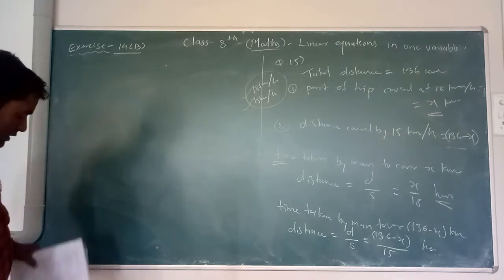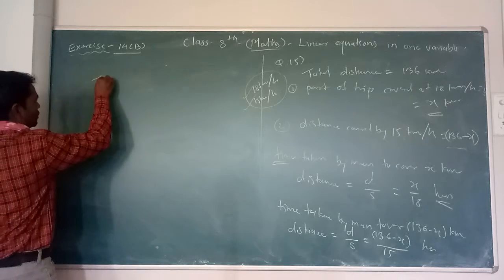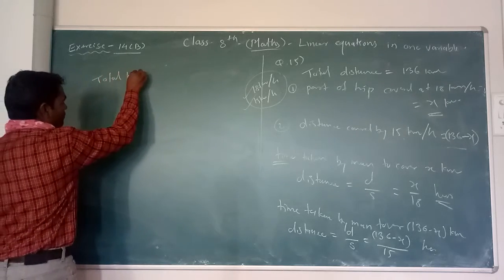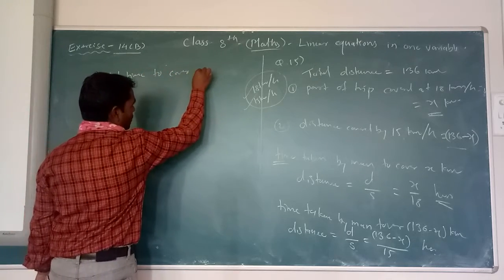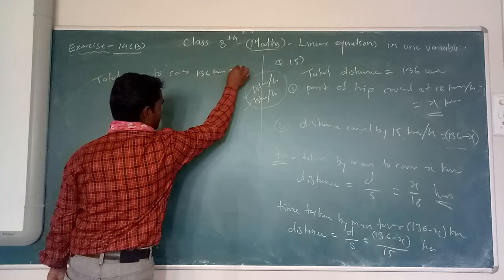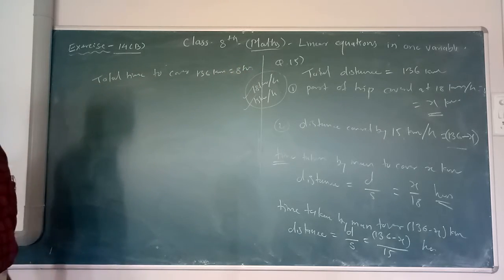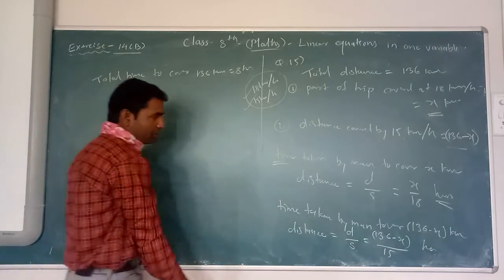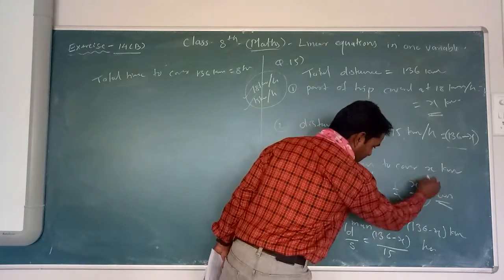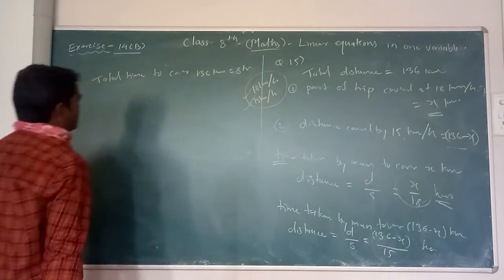Total time to cover 136 km is equal to 8 hours. This is already given in the question. So that means the addition of these two times will be the 8 hours.